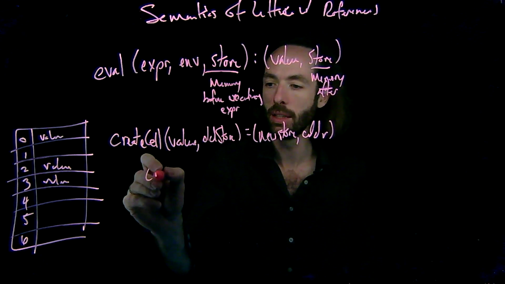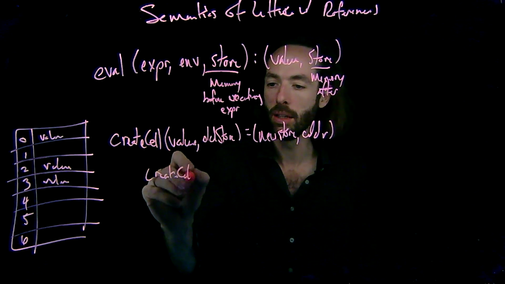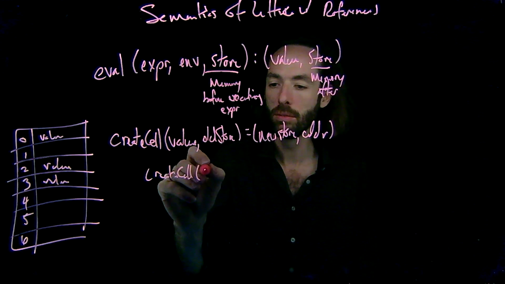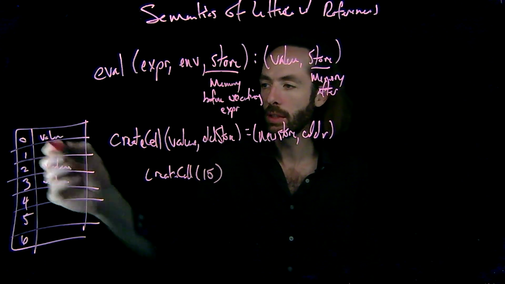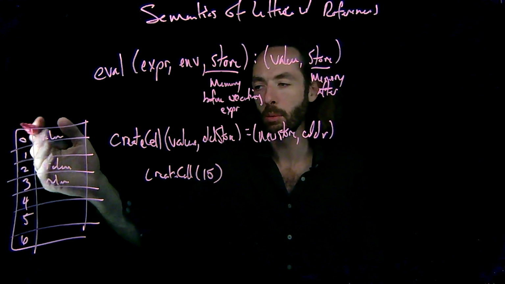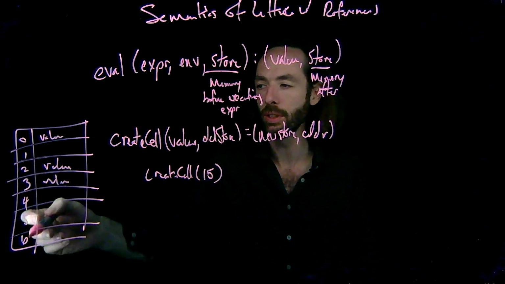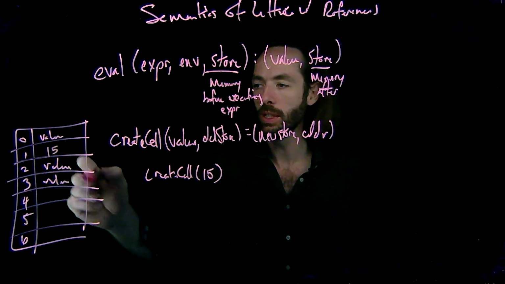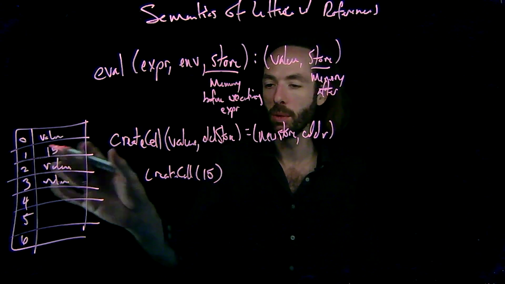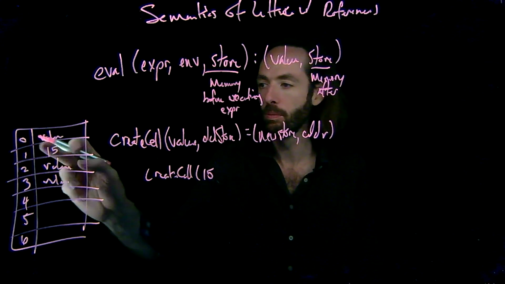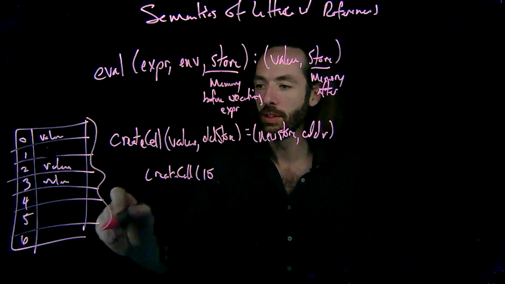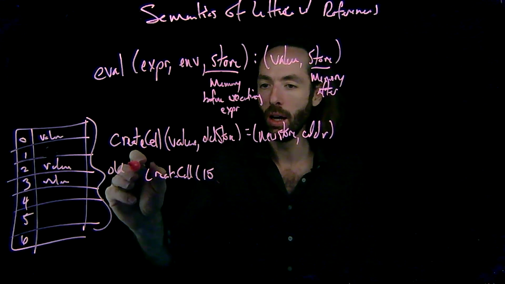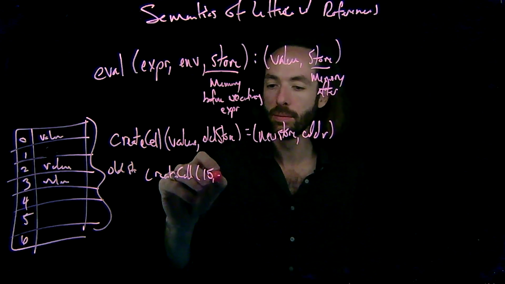So the idea here is that if I say create cell 15, then it's going to look through here, and our implementation is going to just be whatever is the first cell that's available. So we'll put 15 in here. Before we put 15 in here, this whole thing was the old store.